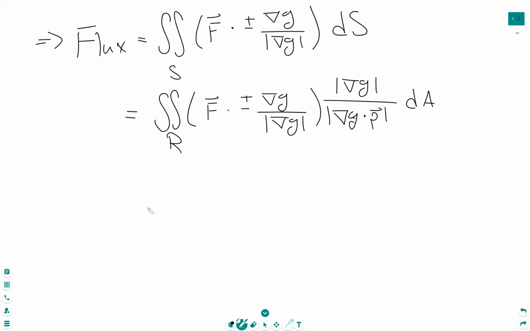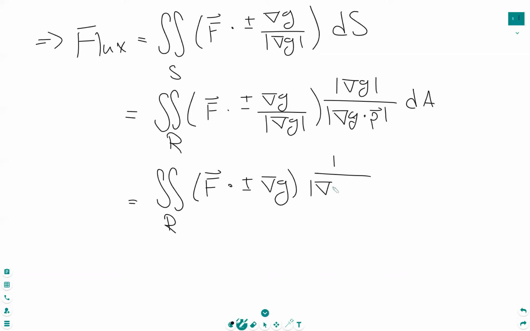So we can write this as the area integral over R of F dotted with plus or minus grad G times 1 over the absolute value of grad G dotted with P, dA.